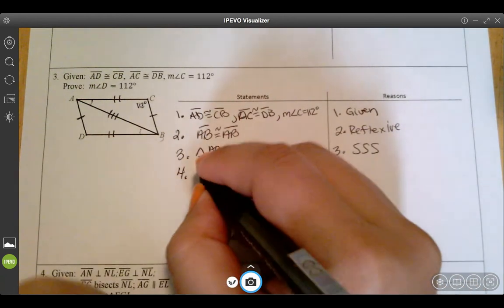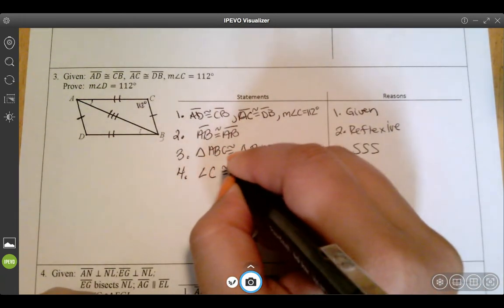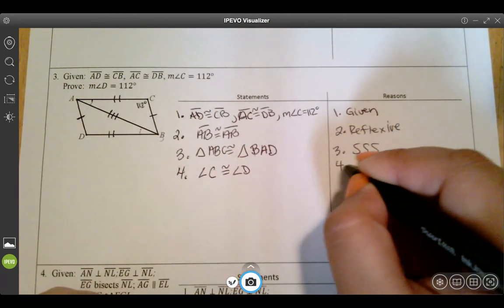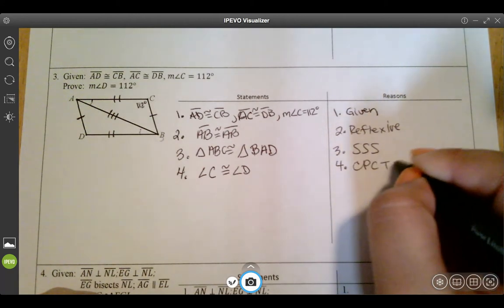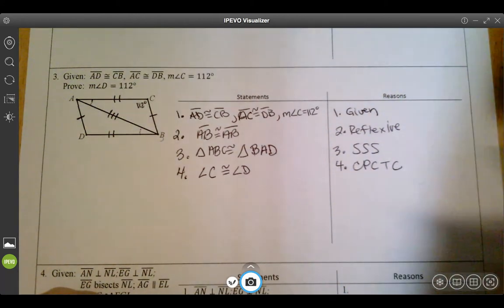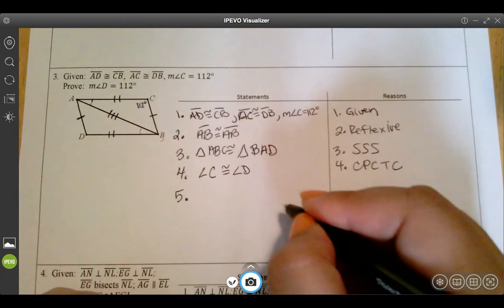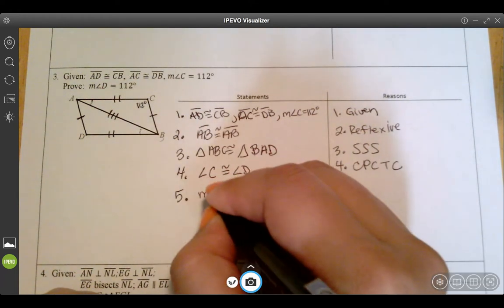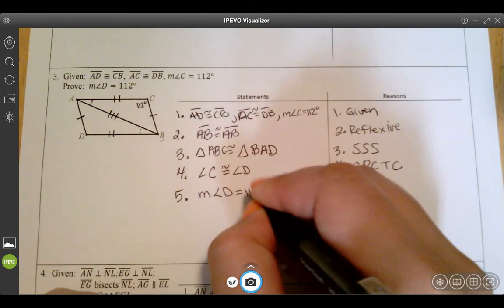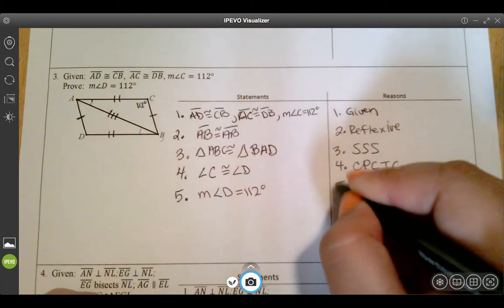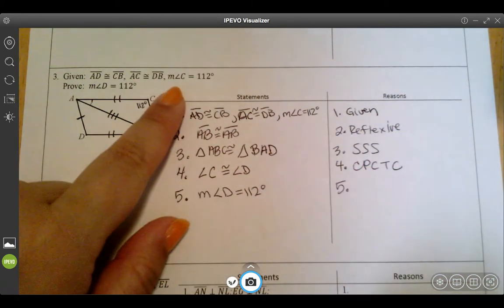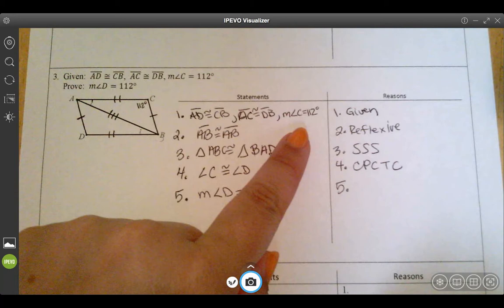Indeed they are. I can say angle C is congruent to angle D by CPCTC. And finally, I can now say that the measurement of angle D equals 112 degrees by, we had angle C is 112, right, is in our proof.